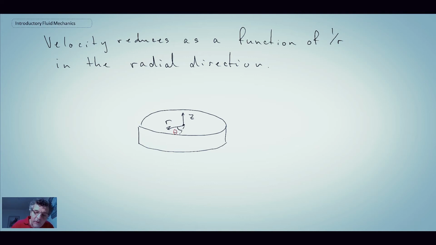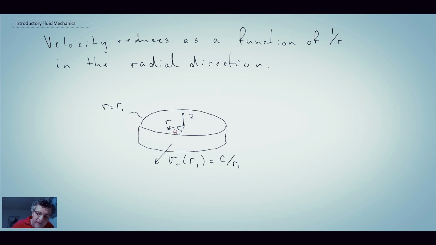So if we were to go to a radial location 1, so this here is r equals r1, and we were to look at the velocity at any location, that should be in the radial direction. So drawing out the velocity in the radial direction, we might get something that looks like that. And we could write V_r at r1 is then C over r1.